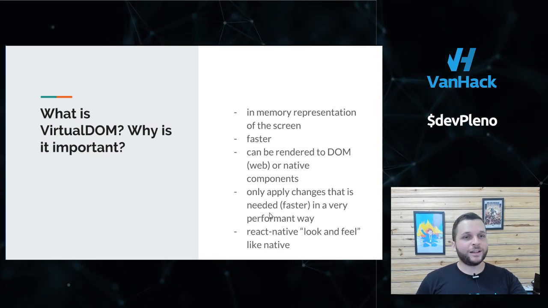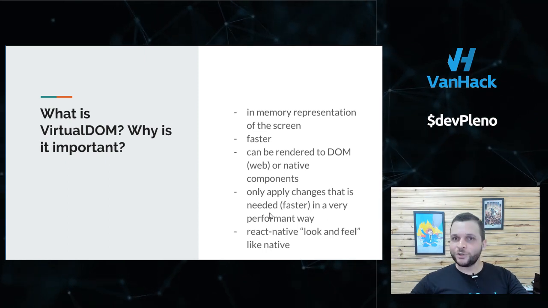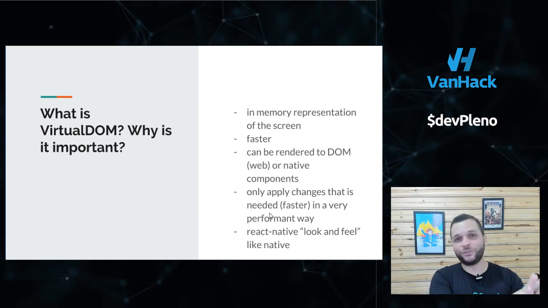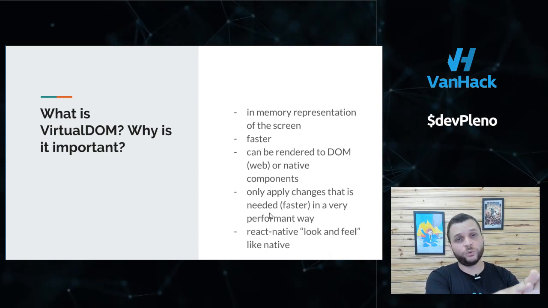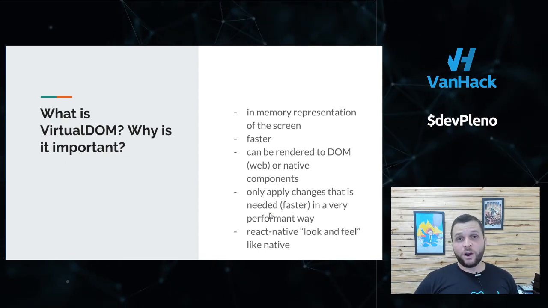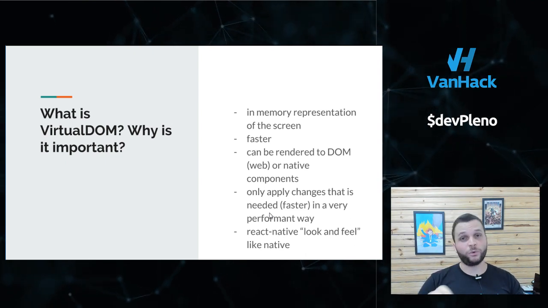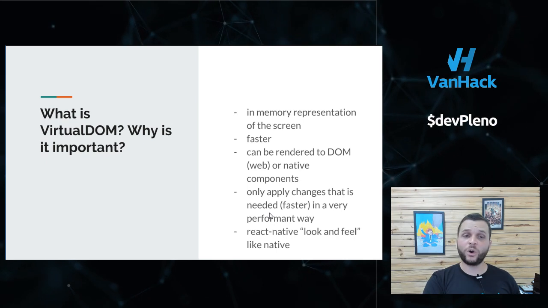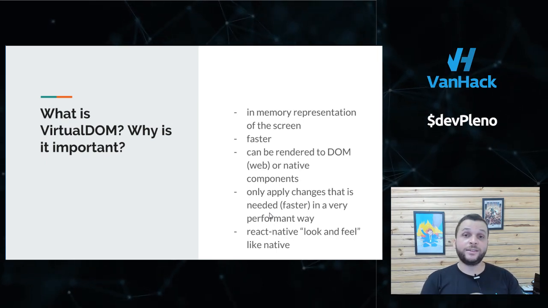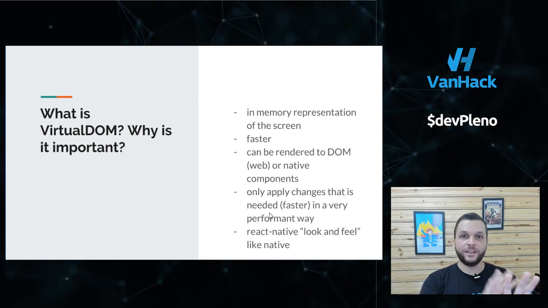Because we can just map the same virtual DOM to native components, or we can get those components or that structure and render to the browser, for example. Of course, we are going to use different components. So for example, for React Native, we can use a view, or in React DOM for React Web, we can use a div. But the way this is converted is the same.